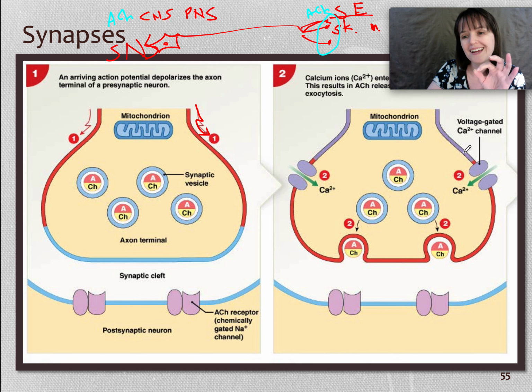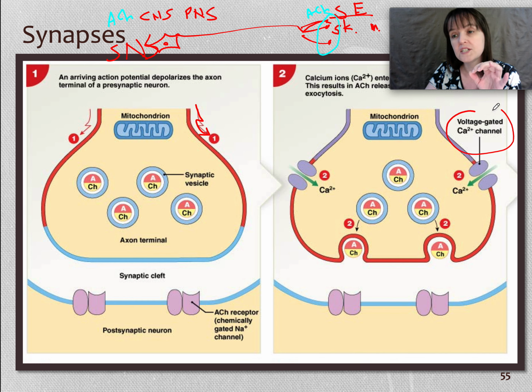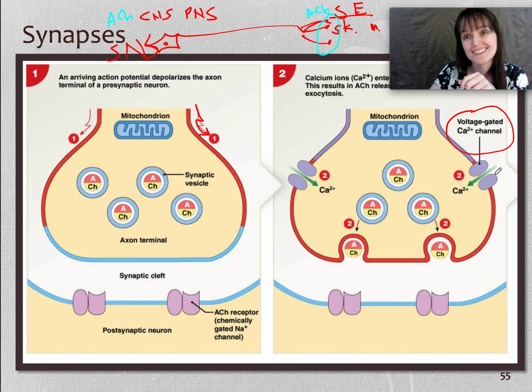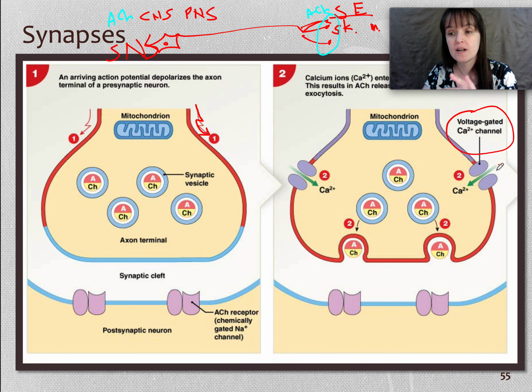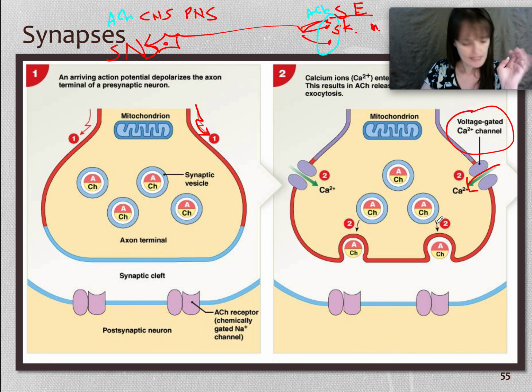So in the synaptic knob, you have voltage-gated calcium ion channels. So the action potential at the synaptic knob increases calcium permeability, which allows calcium into the synaptic knob. And the number three, no?